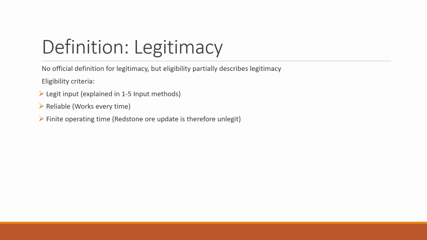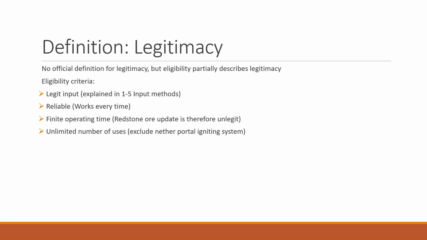But as long as you don't know exactly when the contraption will fully complete, then we would say that it has a chance of not having a finite operating time. I probably explained it too much.